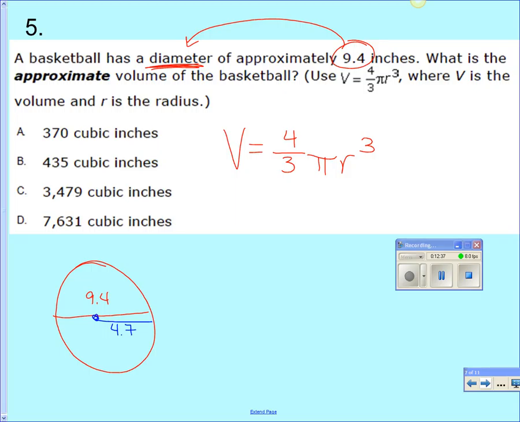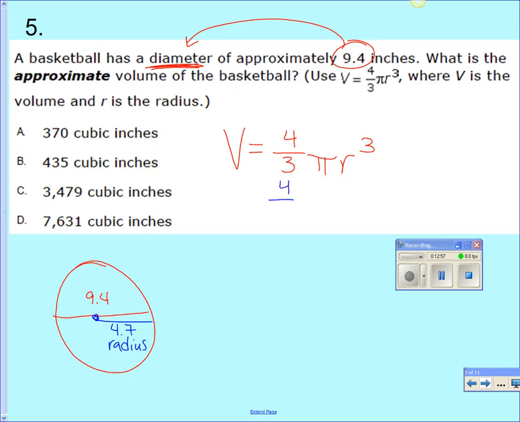4.7. All right. So Gracie, 4.7 is the what of the circle? Diameter or radius? Good. 4.7 is the radius. So Andrew, 4.7 can go in for what letter? R. Very good.